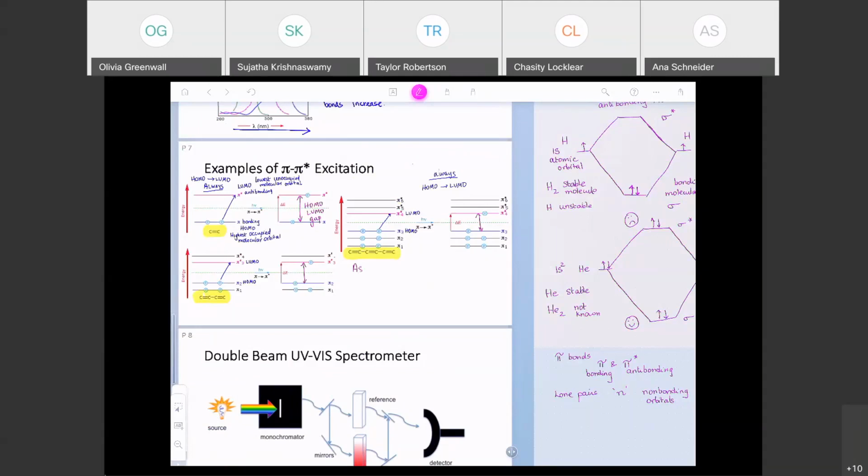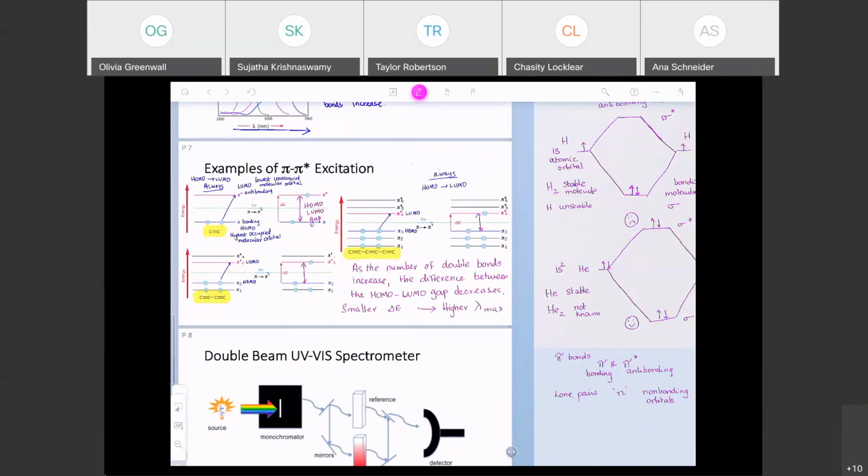So as the number of double bonds increase, or as the conjugation increases, the difference between the HOMO-LUMO gap decreases. So smaller delta E means higher lambda max.